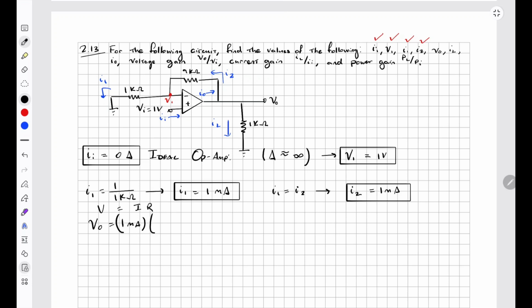The current is 1 milliamp, and the summation of the two resistors in series is 1 kilo ohms plus 9 kilo ohms. So V out is equal to 1 milliamp, which is times 10 to negative 3, multiplied by 10 kilo ohms, where the kilo is times 10 to the 3, which cancels with the times 10 to negative 3. Therefore V out is equal to 10 volts.